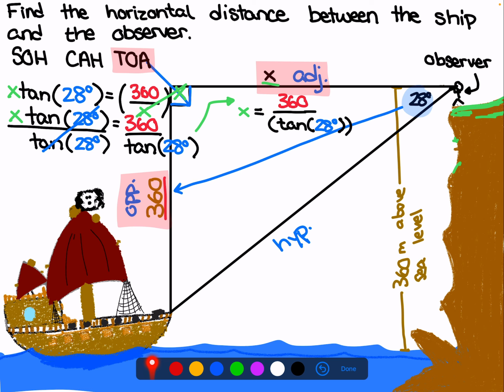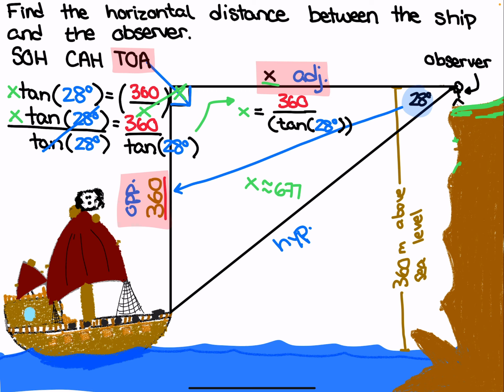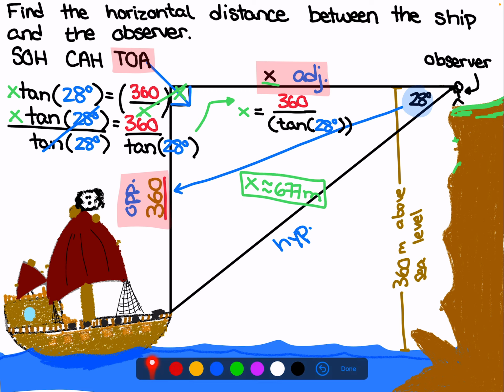If you enter this in on your calculator, you'll end up with the final answer of 677.0615275, repeating onward for quite a while, meters. So I'm just going to round to the nearest whole meter, which is 677 meters away. So the ship is only 677 meters from crashing into the cliff.